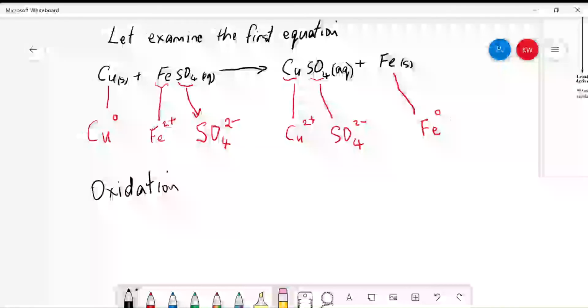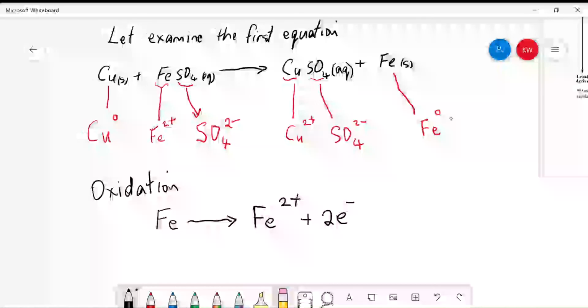Oxidation, by definition, is the loss of electrons. So if you're losing electrons, when we're writing oxidation, we start with the metal by itself. So iron is going to be the one that's going to be oxidized. According to our chart, iron is further up. So iron goes to iron 2 plus plus 2 electrons, where we're losing electrons. So this is how we normally present our oxidation.